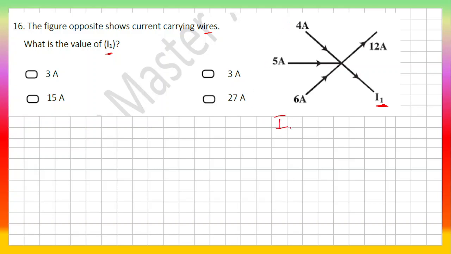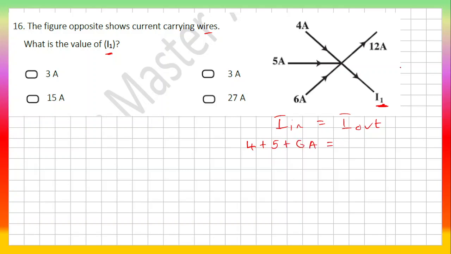So current in will be equal to current out. The sum of the currents entering a junction is equal to the sum of the currents leaving the same junction. So the currents entering here are 4 amperes plus 5 amperes plus 6 amperes, okay?